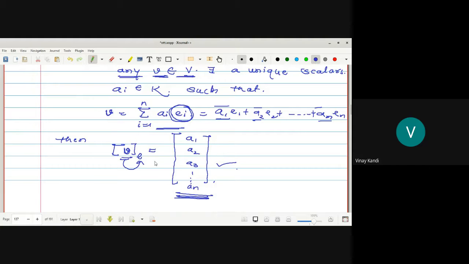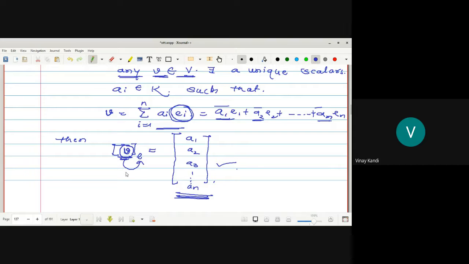What does coordinate vector mean? These A1, A2 are coordinates. Coordinates of which? This is the coordinate of E1. This is the coordinate of E2. So write all the coordinates in one column vector, and that vector is the coordinate vector of which element? V, with respect to the basis E.